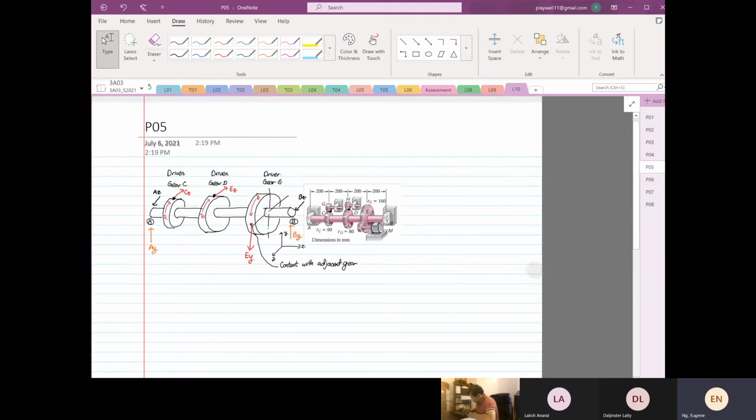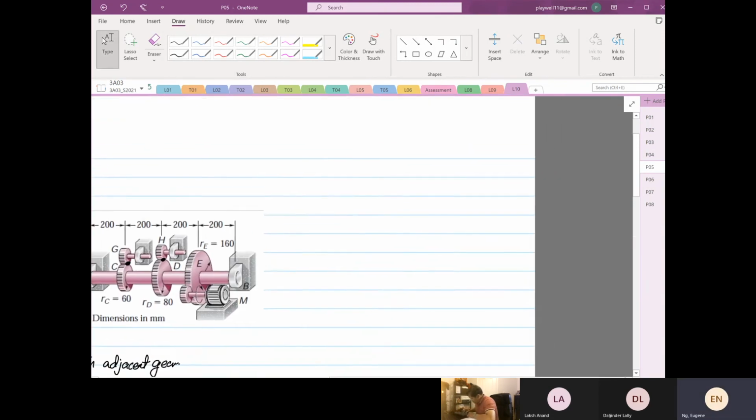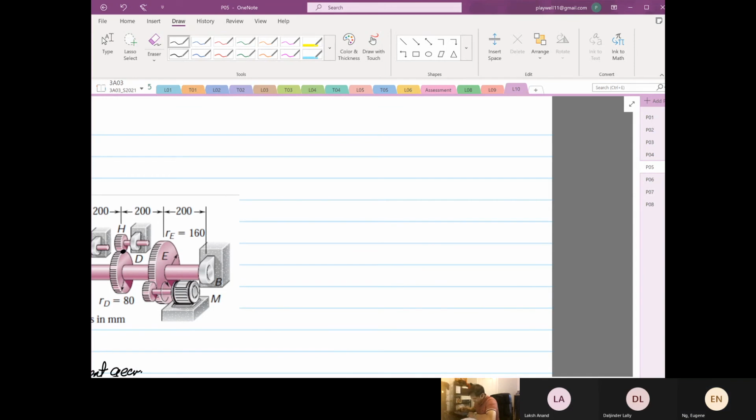So we know that the power input by the motor is 30 kilowatt.